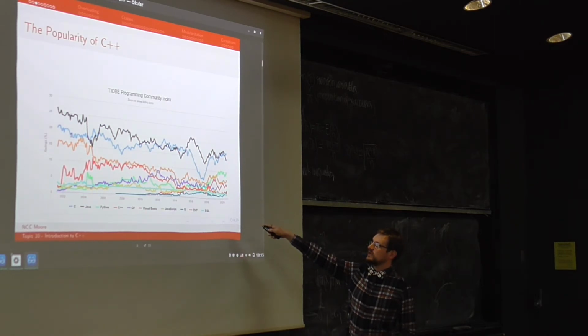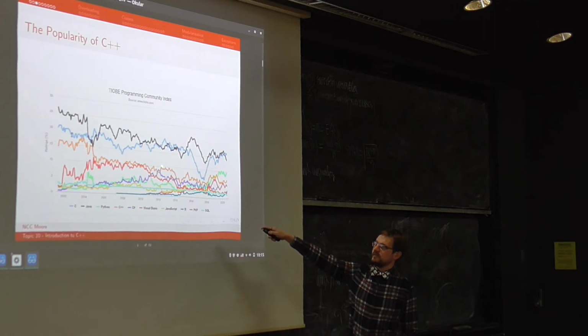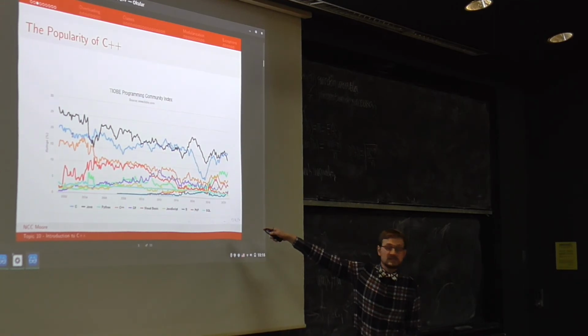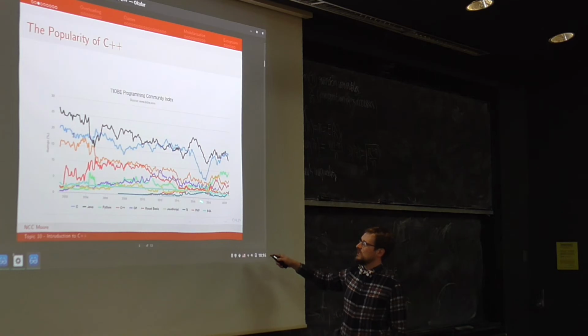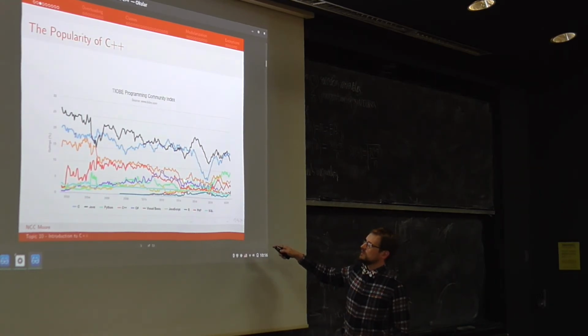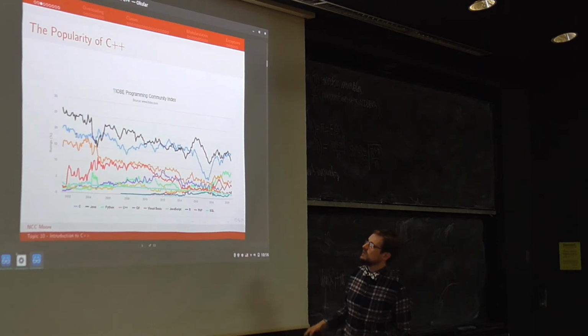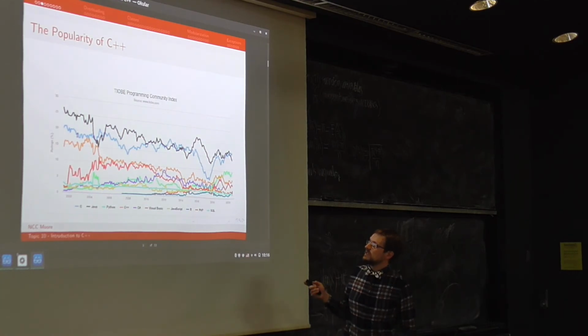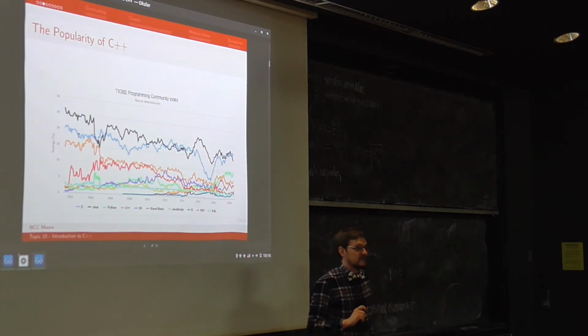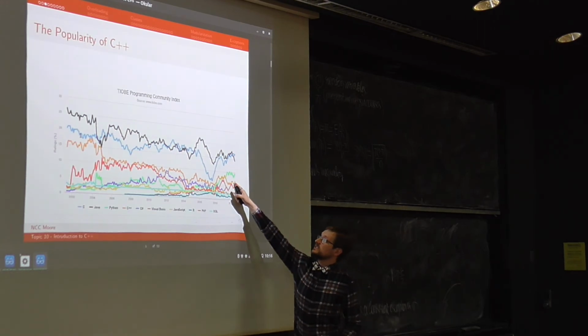Certainly occupying the 4th, 5th category at intervals, sometimes swapping with VB and sometimes swapping with C#. C# you can see peaked in popularity around 2012 and has since been declining. But if you take a look at the latest TIOBE index, C++ is on the rise again.